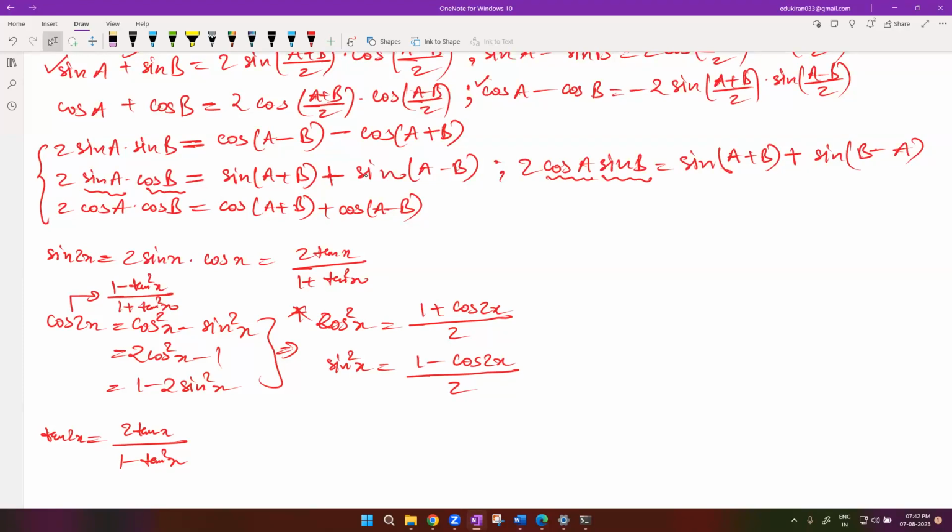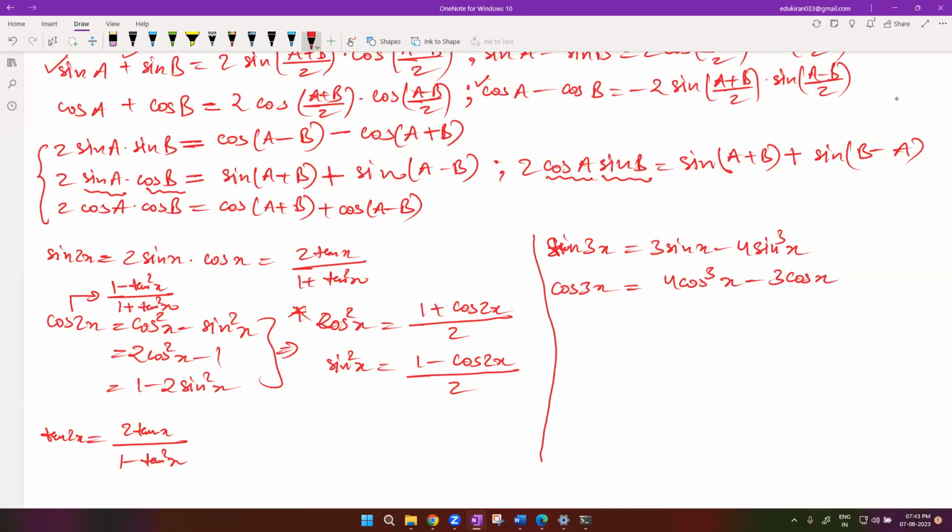After this, we can use the triple angle formula, which is sine 3x, cos 3x, and tan 3x. Sine 3x is 3 sine x minus 4 sine cube x. Cos 3x is pretty similar, just the format is changed: 4 cos cube x minus 3 cos x.